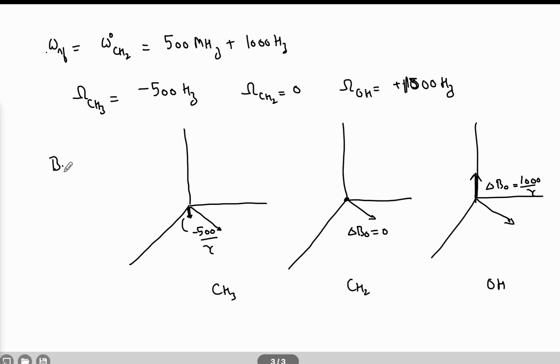Typical values for B1 are 25 kilohertz, whereas delta B naught is of the order of a few hundred hertz. So this vector will be very small, and B effective will be essentially towards B1, right? So this will be very long.